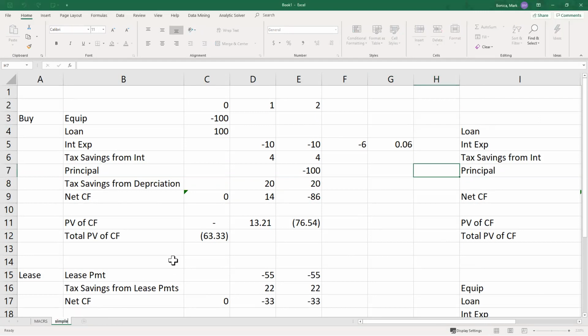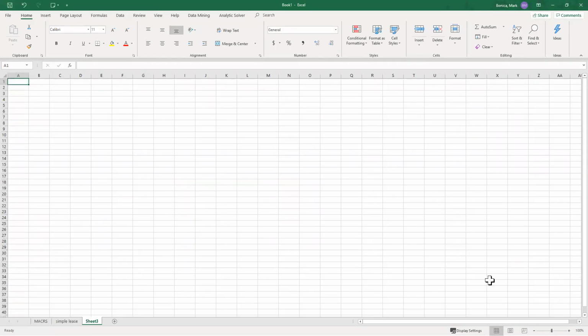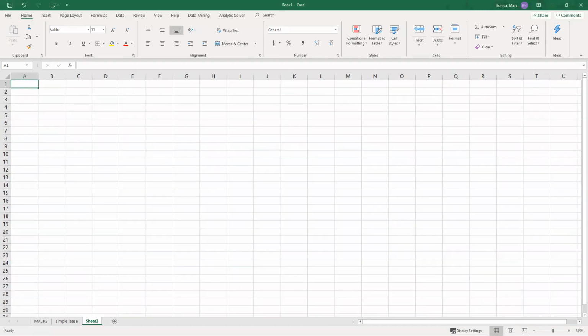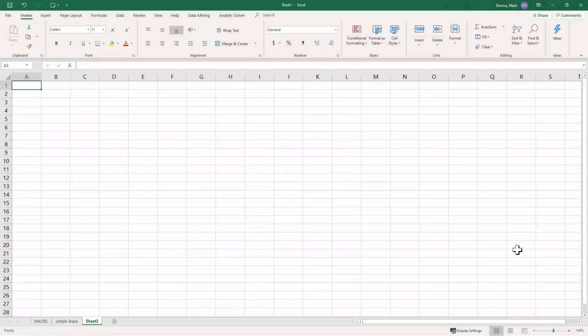So that was a simple lease. We're going to do a more complicated lease example now, and that's going to be based on the Word document that I sent you earlier. So you want to pull that up. We're going to look at a project that's going to be a 4-year project.